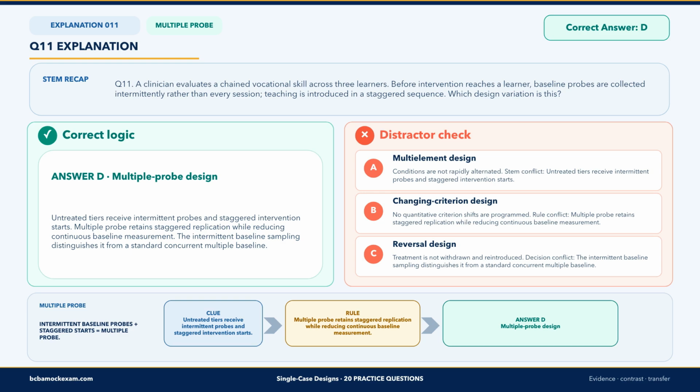Multi-element design. Conditions are not rapidly alternated. Now place the next choice beside that fact. Changing criterion design. No quantitative criterion shifts are programmed. Finally, test the last choice against the full relation. Reversal design. Treatment is not withdrawn and reintroduced. Intermittent baseline probes plus staggered starts means multiple probe.